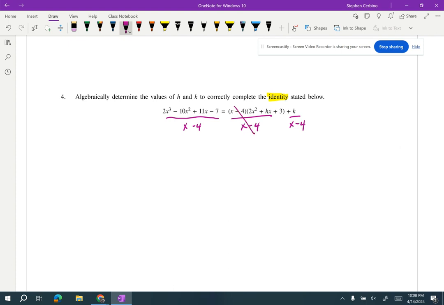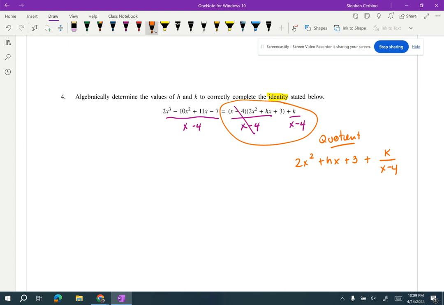And it's going to leave us with this whole side of this equation as 2x squared plus hx plus 3 plus the remainder of k over x minus 4. So this is our quotient when we divide the polynomial by x minus 4.